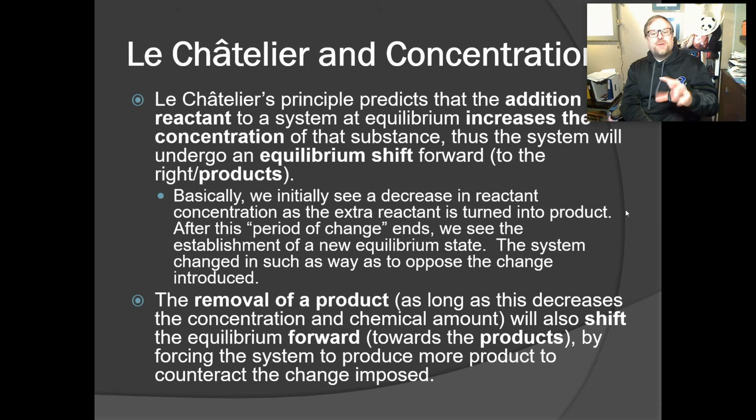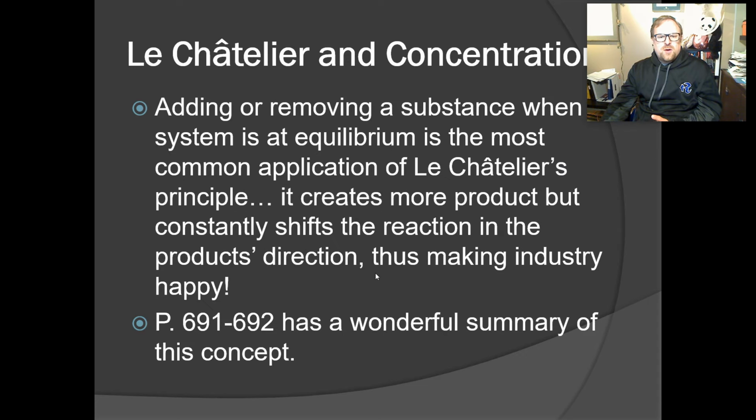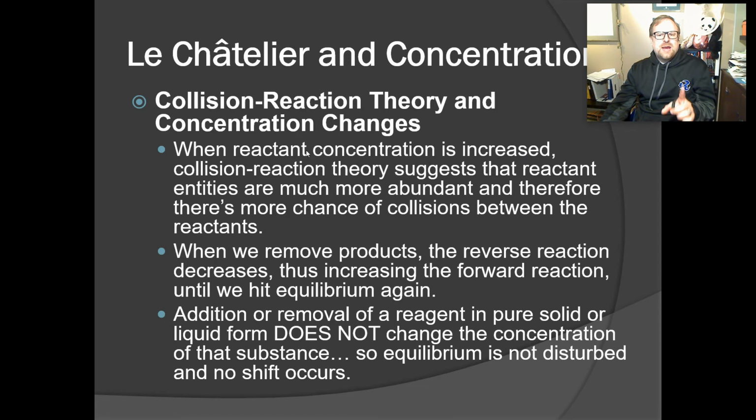Okay, so be able to tell me, whatever little thing we do to it, how is it going to shift? And then the second thing I want you guys to be able to do is tell me how or why this might work. And that is going to require you guys to have a look at what we call, if you recall, the collision reaction theory and what goes on with that.